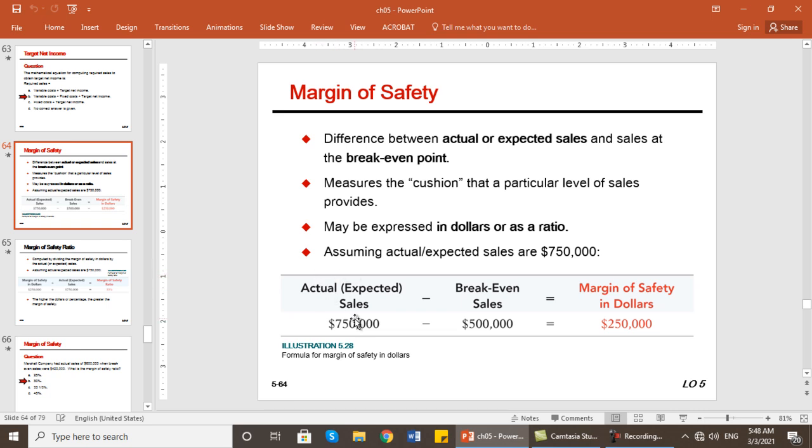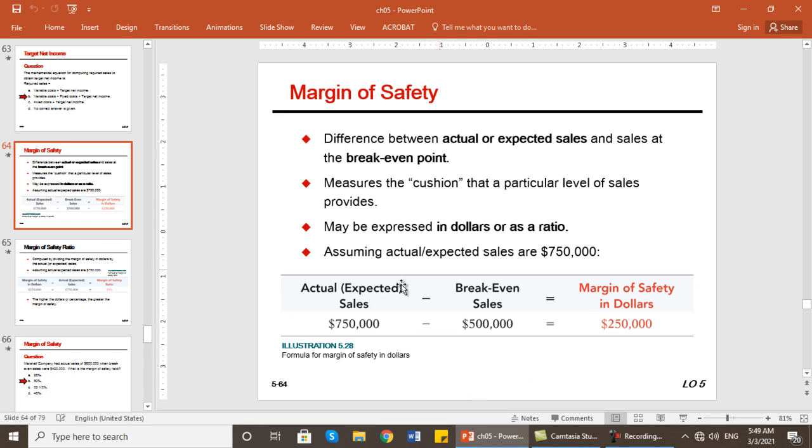If the actual sales decrease by 250,000, we reach the break-even point. Before we begin to realize losses, the margin of safety in dollars is 250,000.